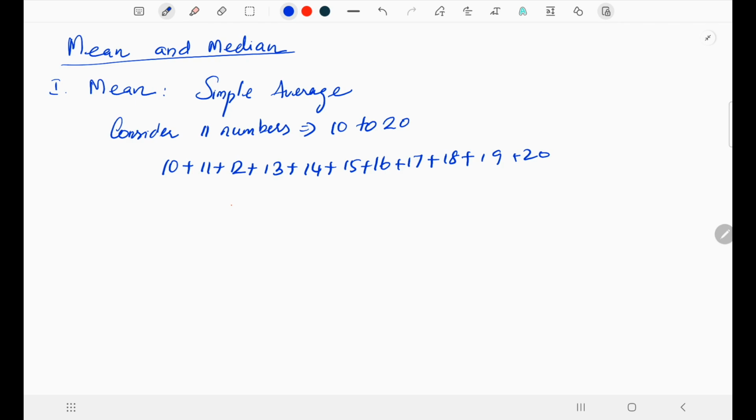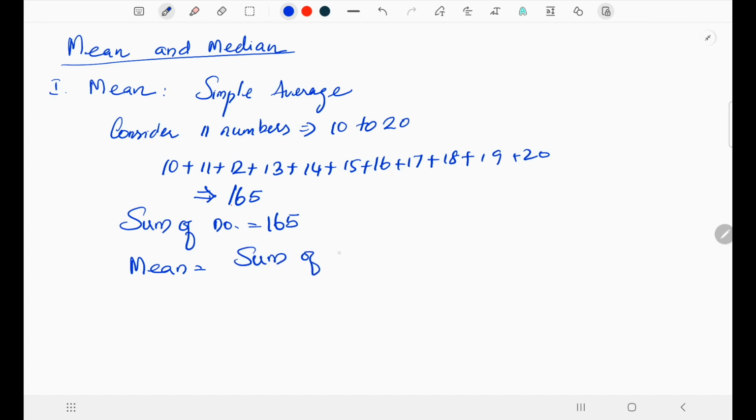Add all those numbers, so we will get 165. This is the sum of numbers equals 165. Then mean equals the sum of all the values divided by the total number.